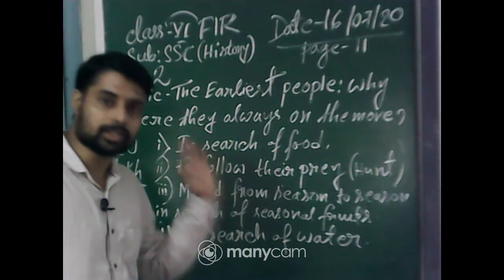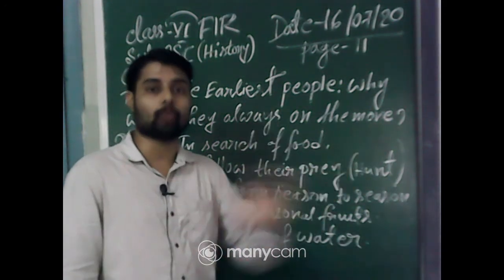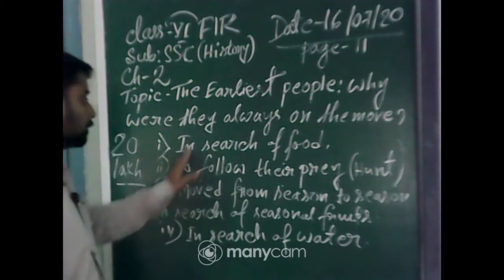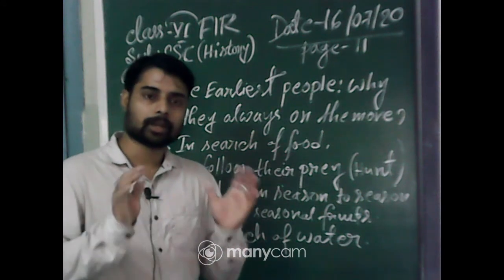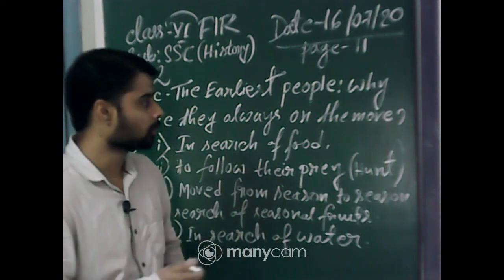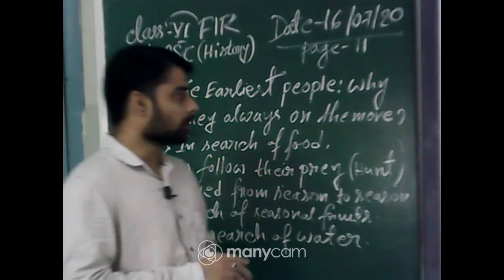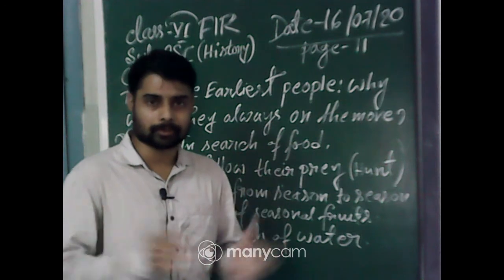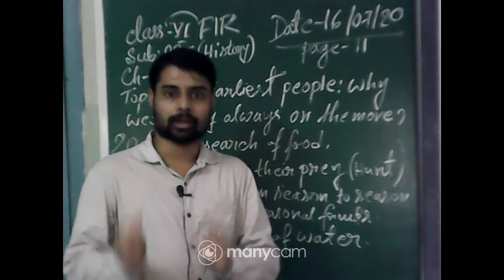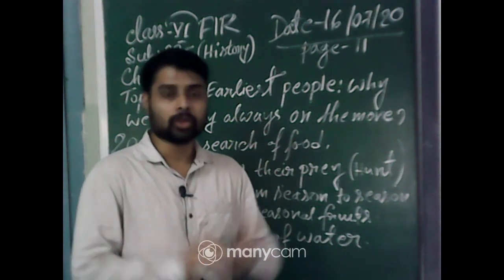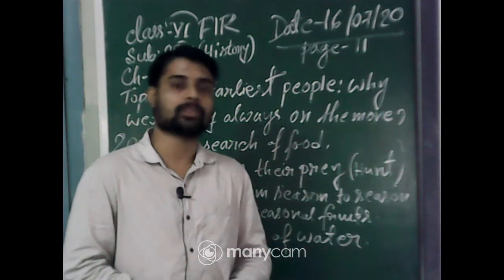So what are the reasons? Now we will discuss the reasons for which they moved from one place to another. Number one, in search of food. When hunter gatherers lived in one place for a long time, suppose for 1 or 2 years, then all the foodstuffs, all the animals and all the fruits and herbs at that place finished. So then they had to migrate to another place in search of food.